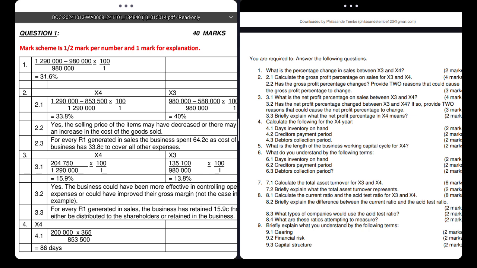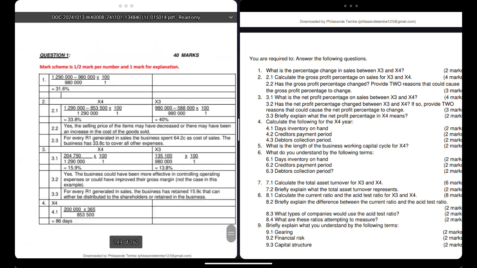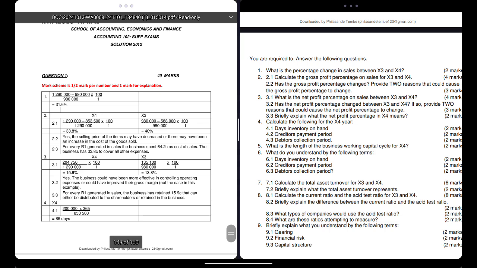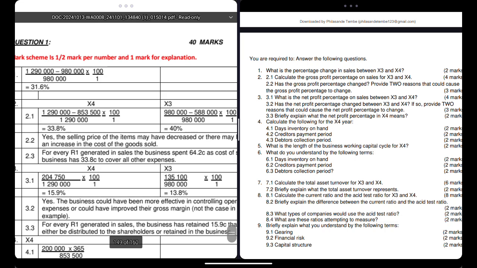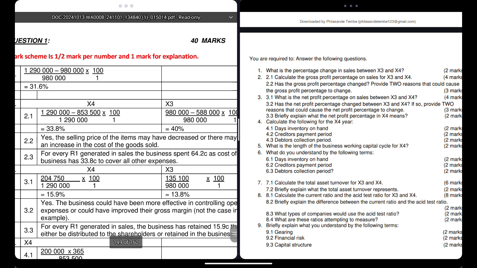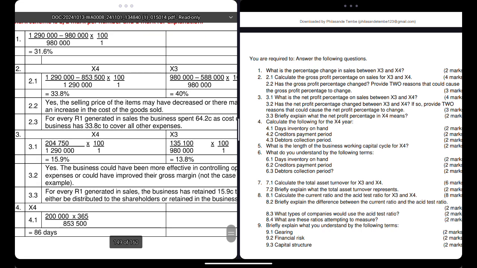There might be a lot of obsolete stock, but basically there's less sales. So let's say there's less sales and there may be increased cost of goods sold, right? That makes more sense, because when goods are stolen and all, it increases the cost of sales. So when there's too little sales or when cost of sales is too much, the gross profit is very low. So yeah, those may be the reasons for that.